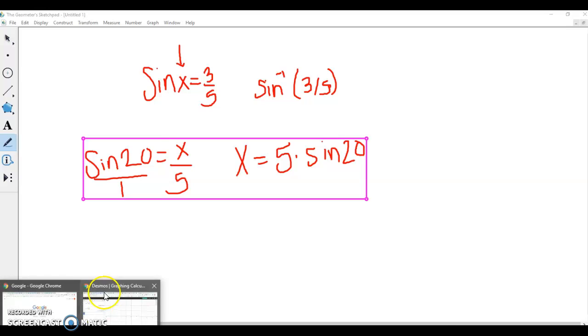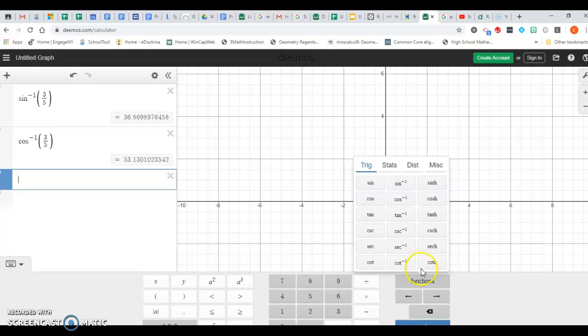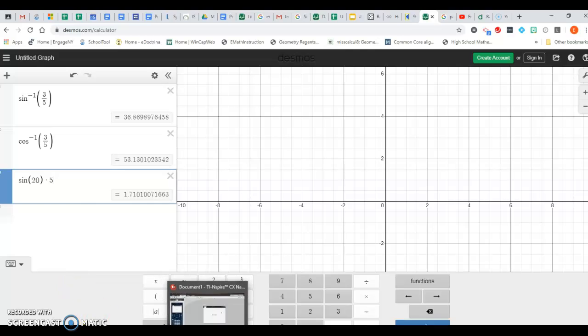So if I go to my Desmos calculator, I can do sine of 20, and I can go times 5. It's just a very small number, but that's a side length. Okay, that's a side length there.